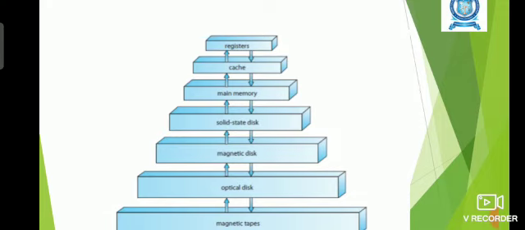So the cache memory is present near the CPU, in between the main memory and the registers. Then solid state disk drives, magnetic disk drives, optical disk drives will be there; different types of secondary storage can be used. But during execution or processing, the data has to be placed in the main memory, since the CPU can contact only the main memory.